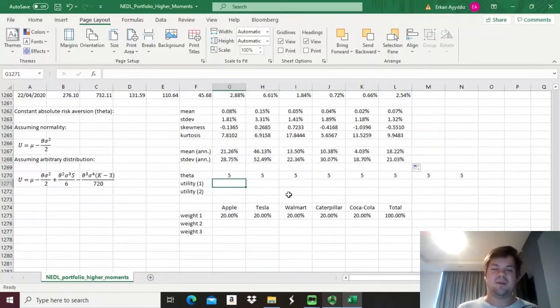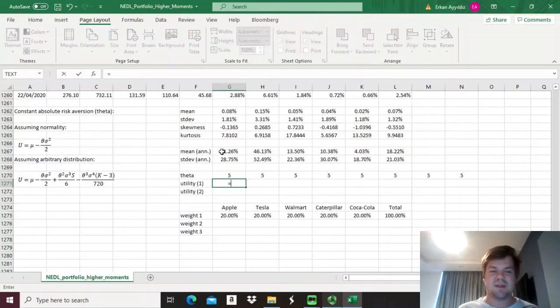Now, for the utility functions, let's calculate the values for the utility function that assumes normality and that considers the third and the fourth moment, so skewness and kurtosis. So for the normality case, we'll just need to take the annualized mean and subtract theta times standard deviation squared, which is variance, divided by 2.